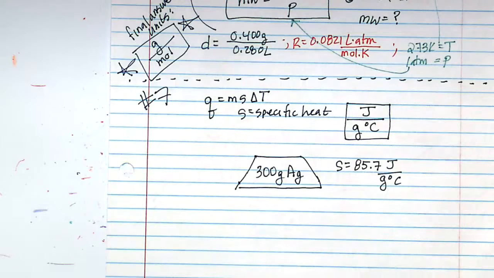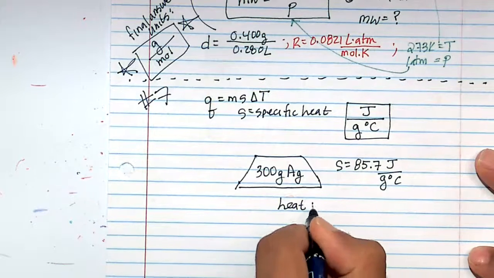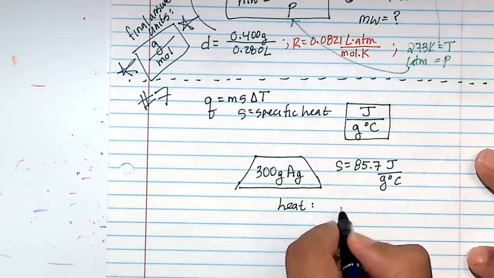What can we do with this 300 grams of silver bar? We can heat it or we can cool it. So let's say we heat it.